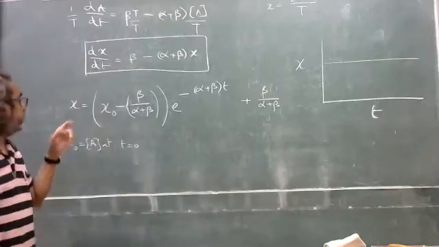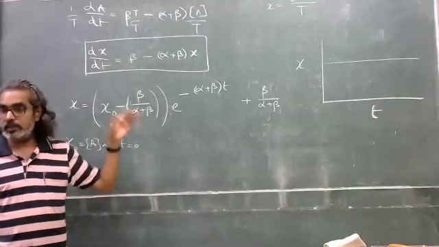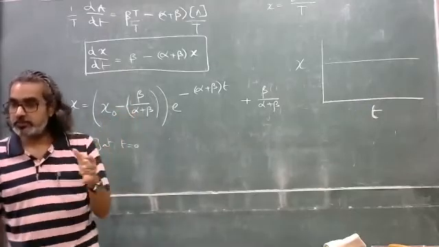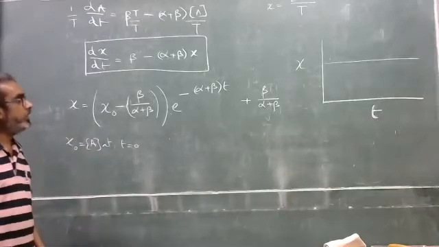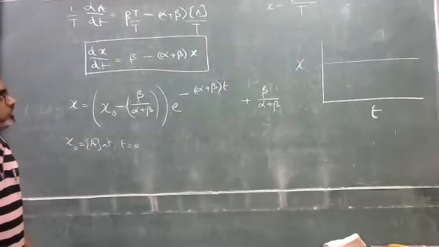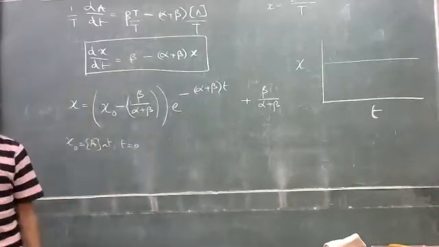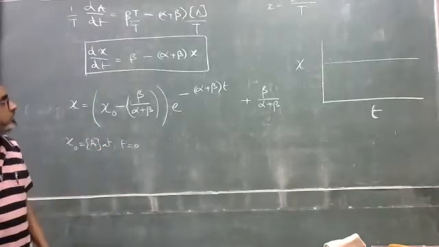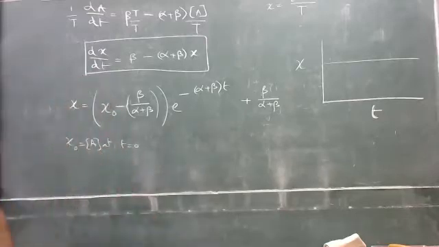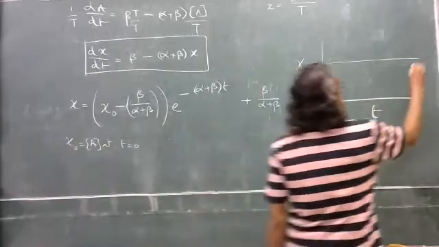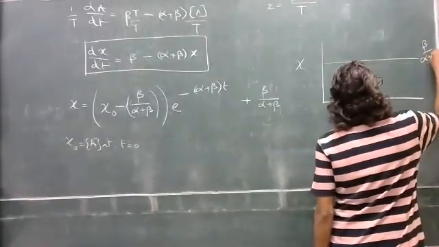But if you start entirely with A, then there is no B, so A decays to an equilibrium concentration to reach B. Either way you reach an equilibrium in the end after a long time, and that equilibrium concentration is beta by alpha plus beta.